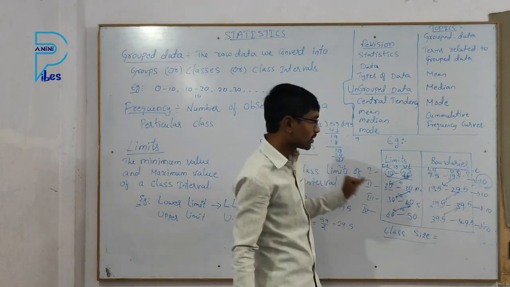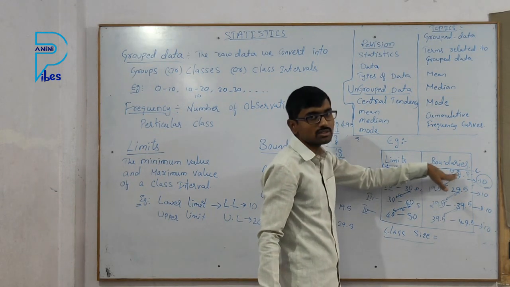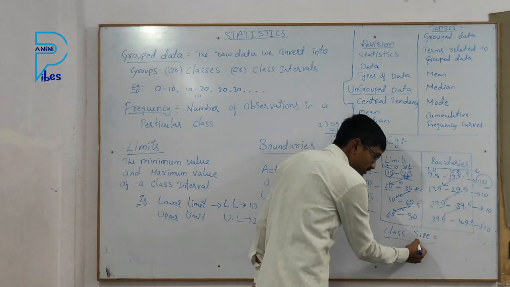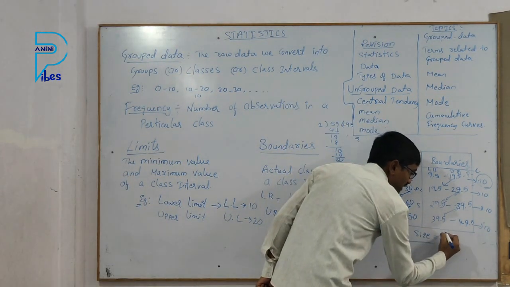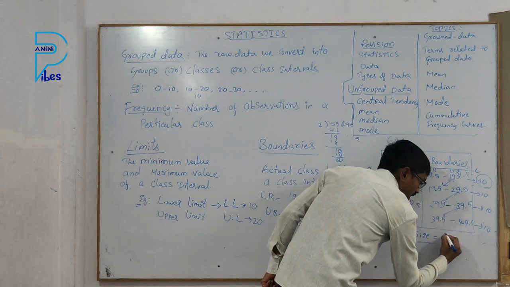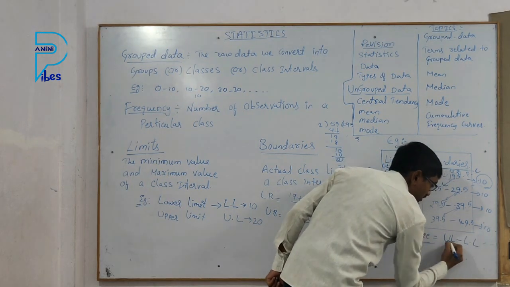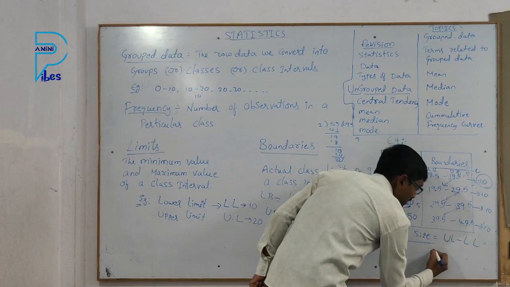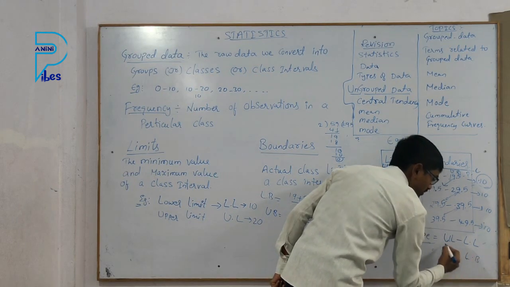Common differences are the same. So these common differences of class intervals are called class size. So what is class size? Class size is upper limit minus lower limit in limits, or if I am taking boundaries, upper boundary minus lower boundary. We will be taking this formula.